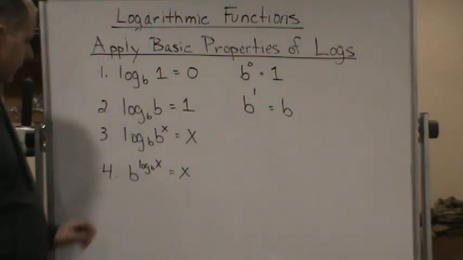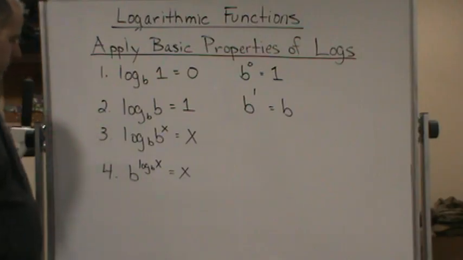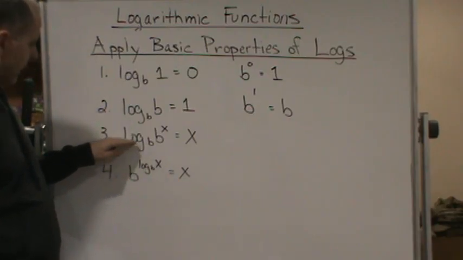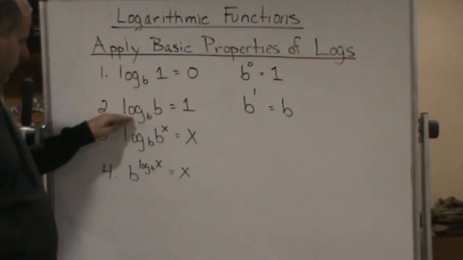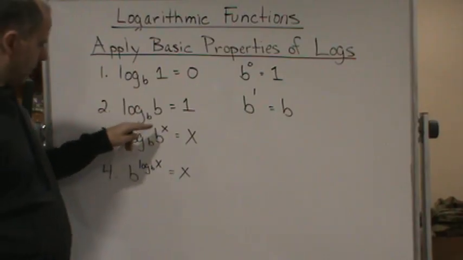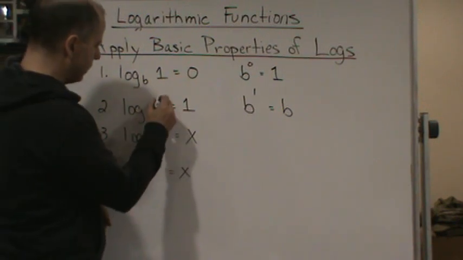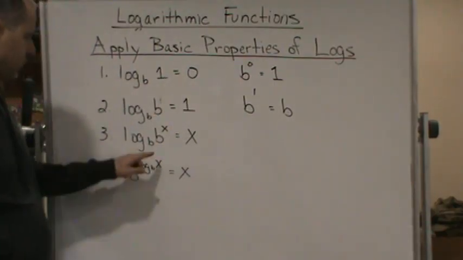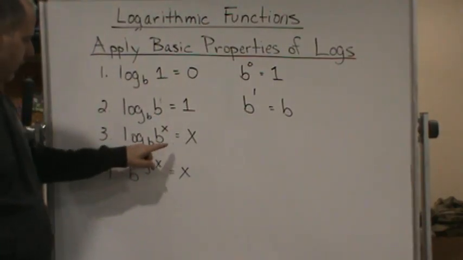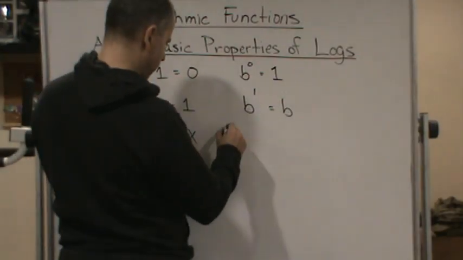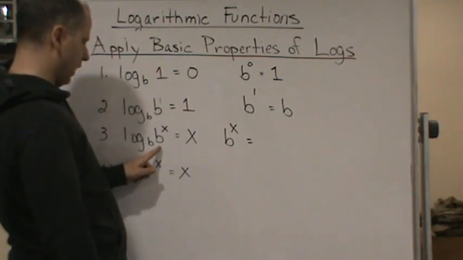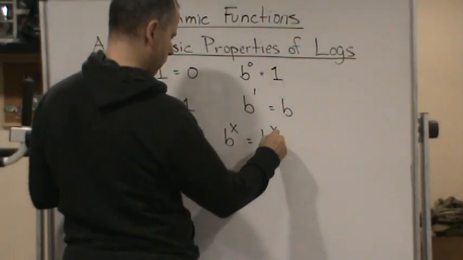Now, 3 and 4, let's look at this using the equivalence property. Let's look at 3. So 3 is very similar to 2, except they've got an x here in the exponent. Let's use the equivalence property here. We're going to say b raised to the x equal to the argument, b to the x.